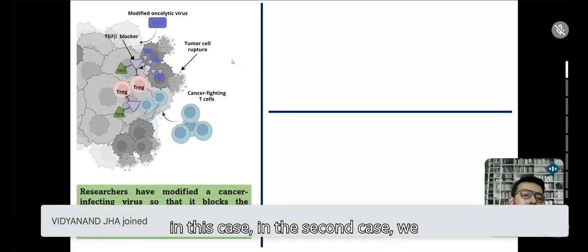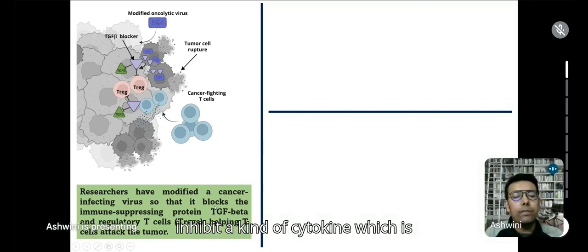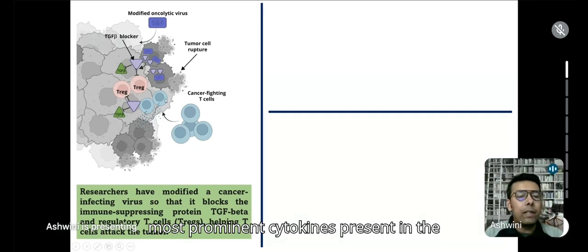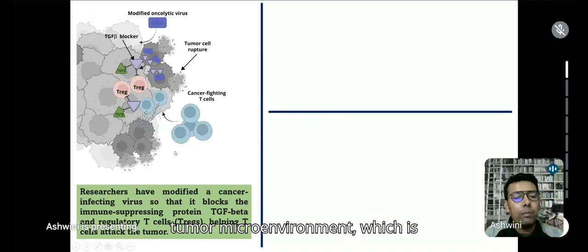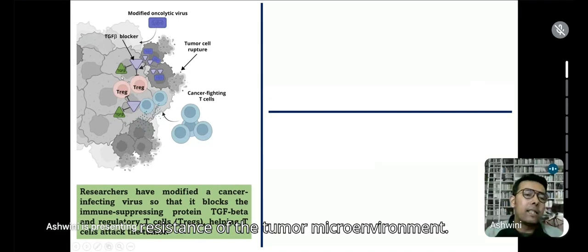So in the second case, we genetically modify the oncolytic virus with a protein that would inhibit a cytokine called TGF beta. TGF beta is one of the most prominent cytokines present in the tumor microenvironment, which is responsible for the resistance of the tumor microenvironment.